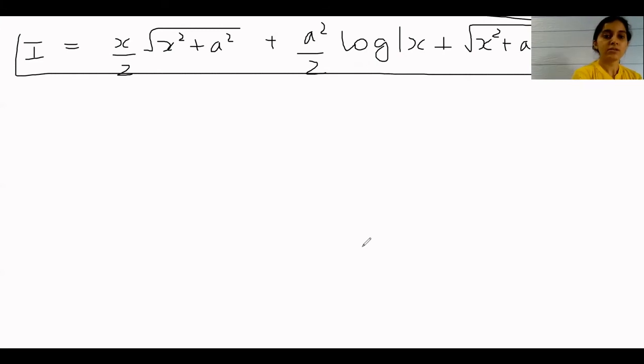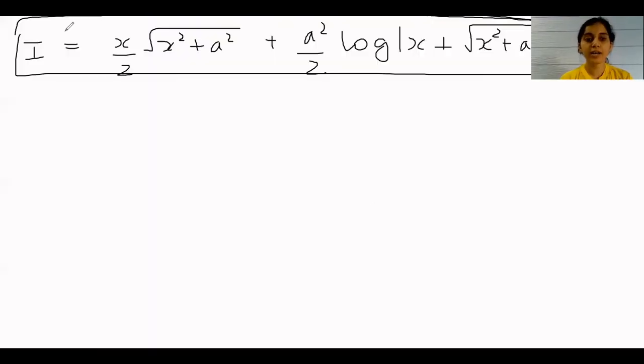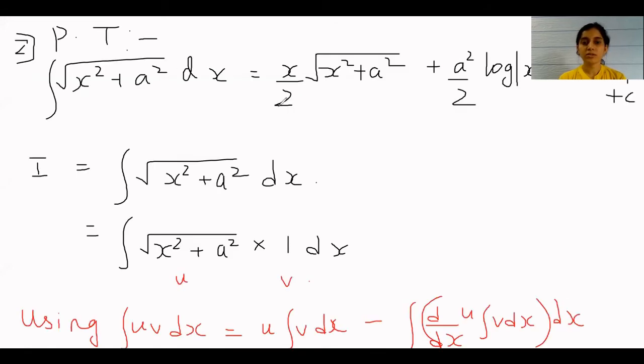Now this is exactly what we had to prove. I equal to x upon 2 root of x square plus a square plus a square upon 2 log of x plus root of x square plus a square. So this is the second proof.